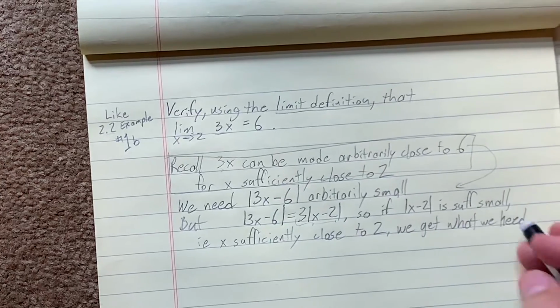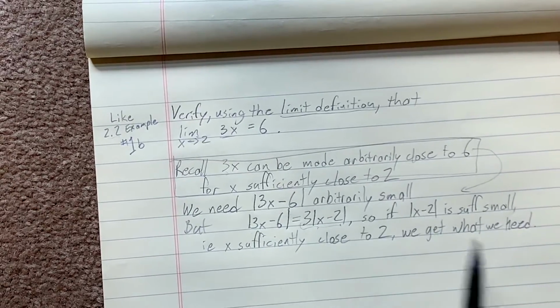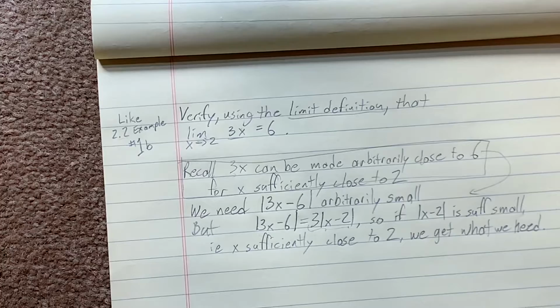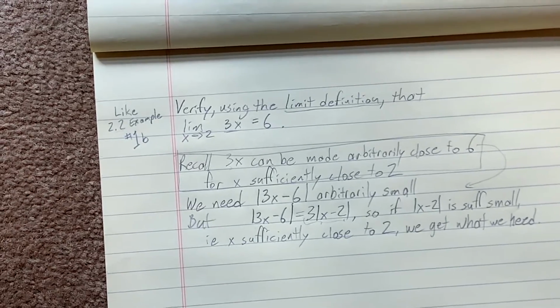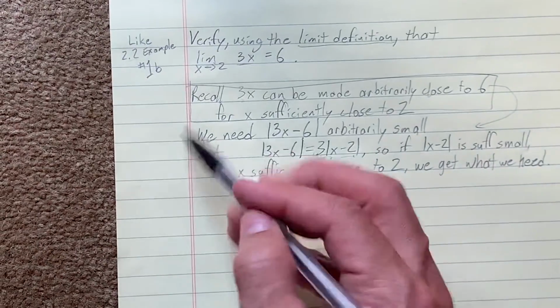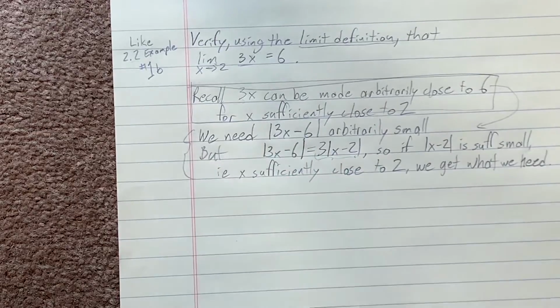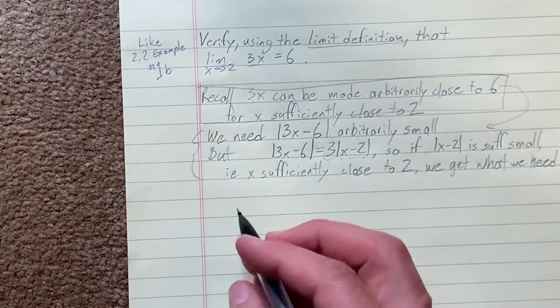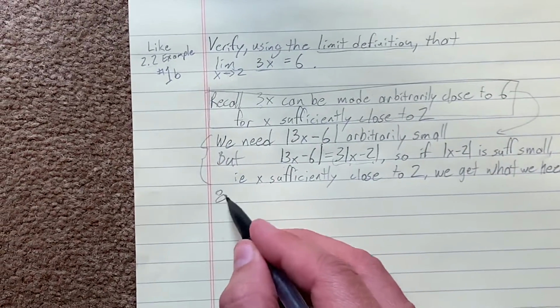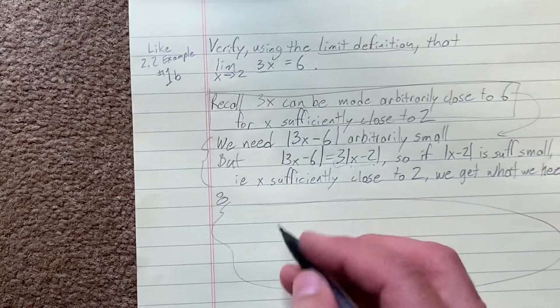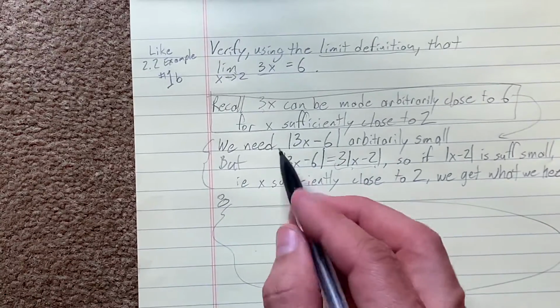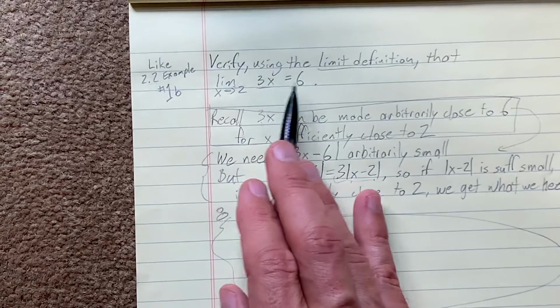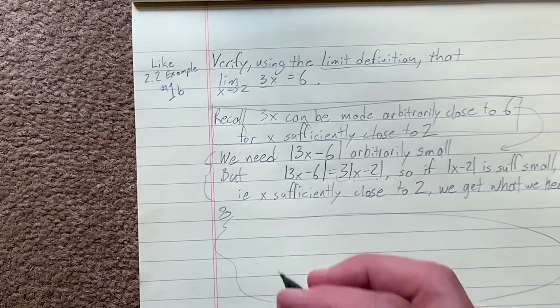Now that might seem a little bit artificial to you, saying sufficiently small, but that's all you really need for the proof. But if you put in numbers, this is what you should be thinking when we're saying arbitrarily small. Let's imagine you're running a factory and you need your output within 1/10 of 6.